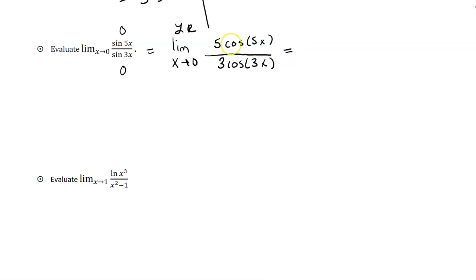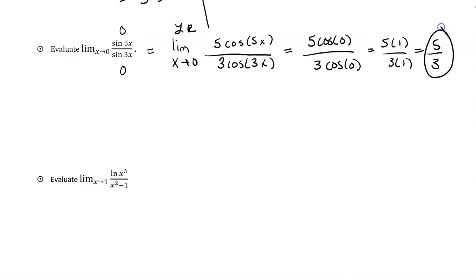And now when I plug in, cosine of 0 is a 1. So this gives me 5 cosine of 0 over 3 cosine of 0, which gives me 5 times 1 over 3 times 1, or 5/3. So we can do that without having to use any special algebra tricks. We're just using the derivative.